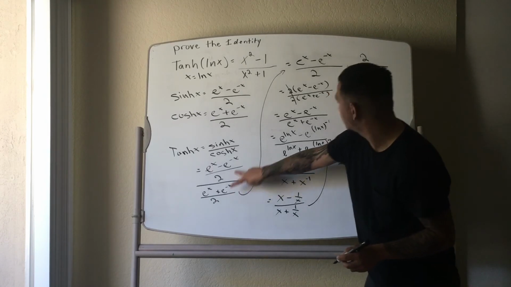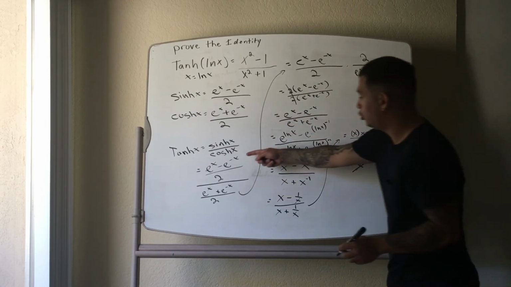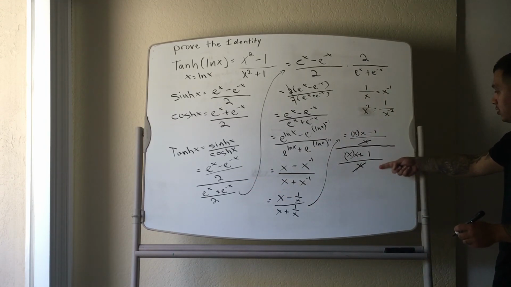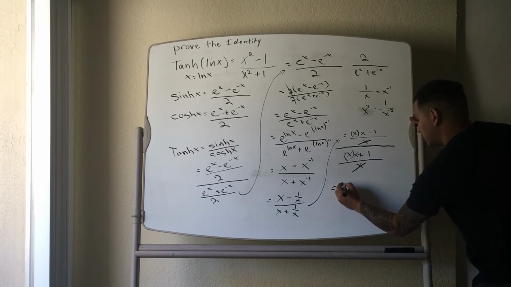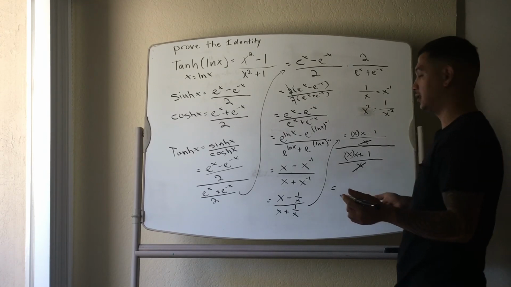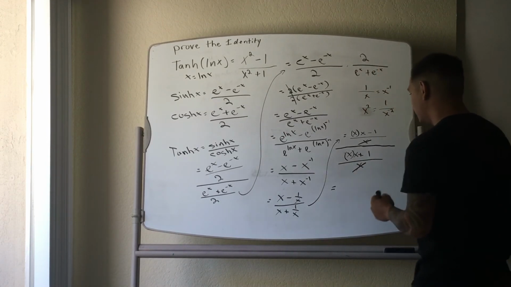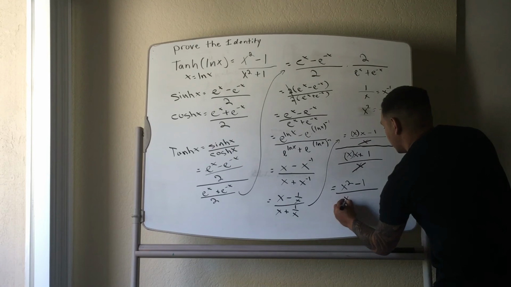The denominators cancel out, and you're just left with numerator over numerator. And we're going to simplify. x times x. Again, sometimes it can be confusing. It's not calculus. It's algebra that's confusing. That's equal to x squared minus 1 over x squared plus 1.